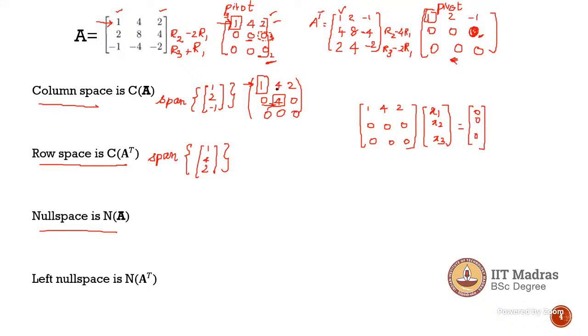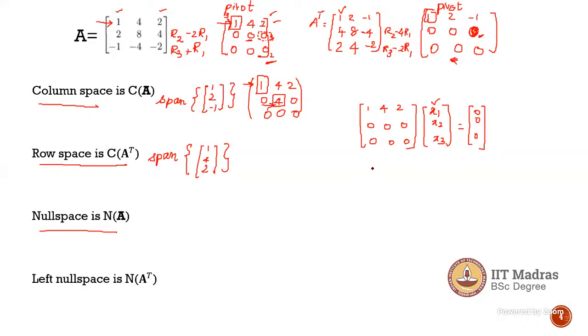Yeah. So for null space of the matrix, you have to identify the pivot variable and free variables. So here x1 is your pivot variable and x2 and x3 are free variables. So free variables in the sense we are free to choose. So either one must be equal to 1 and the other is equal to 0.